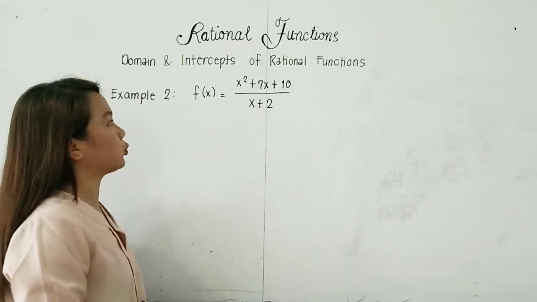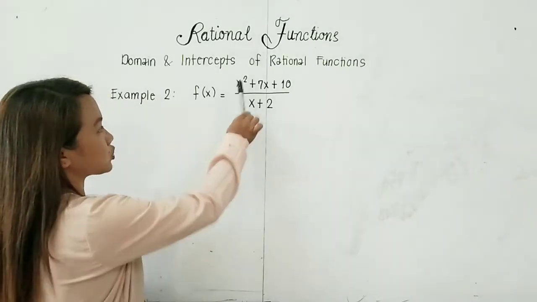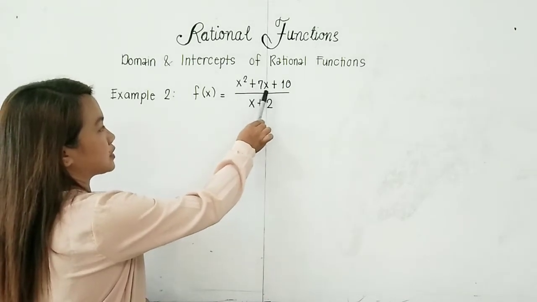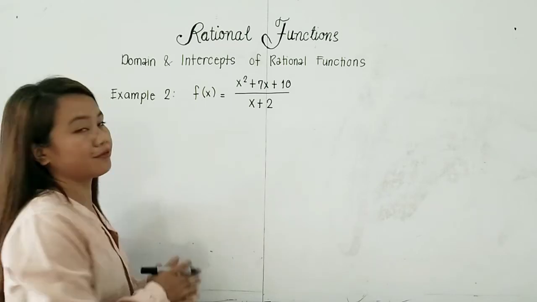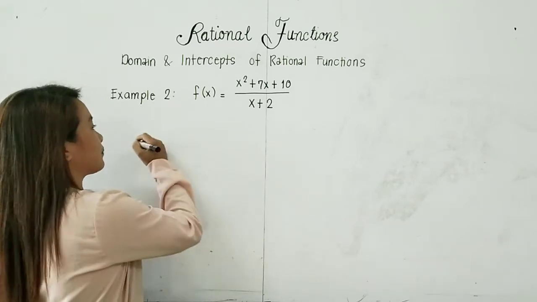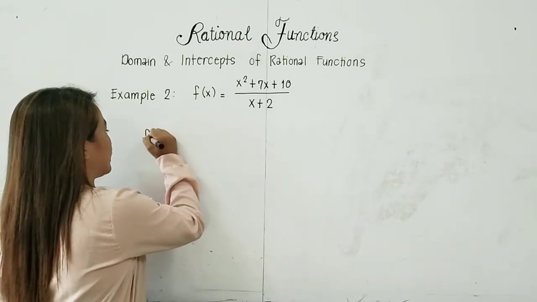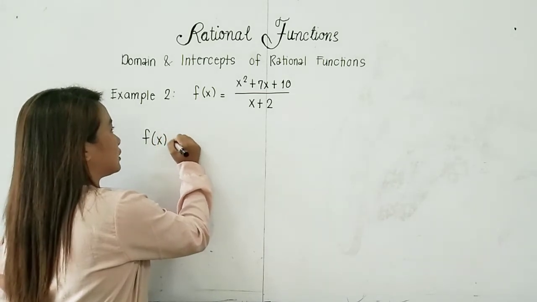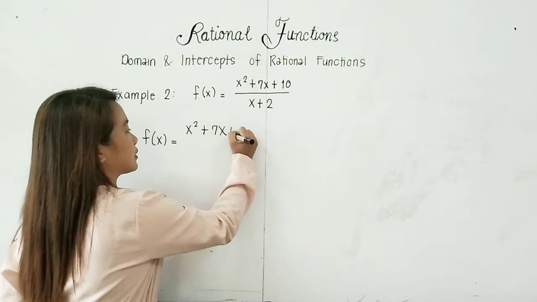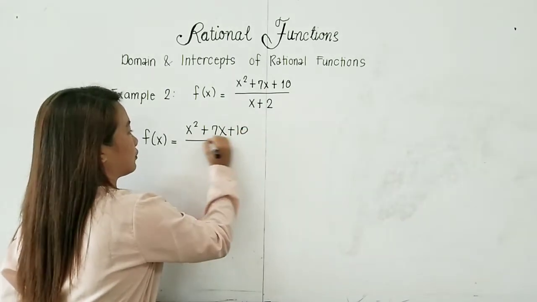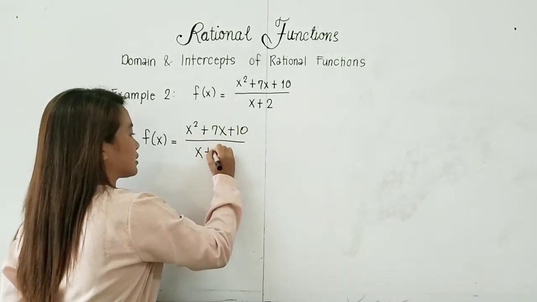Okay, example number 2, we have f of x is equal to x squared plus 7x plus 10 all over x plus 2. So first, we will find the domain of f of x. So our function is f of x is equal to x squared plus 7x plus 10 all over x plus 2.